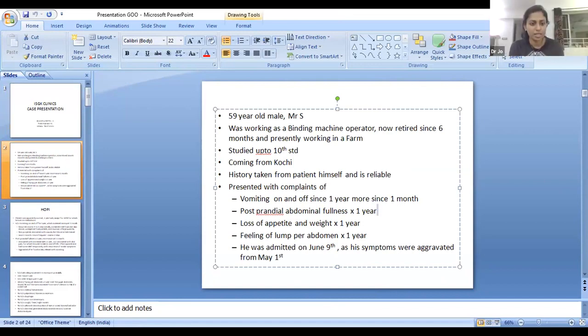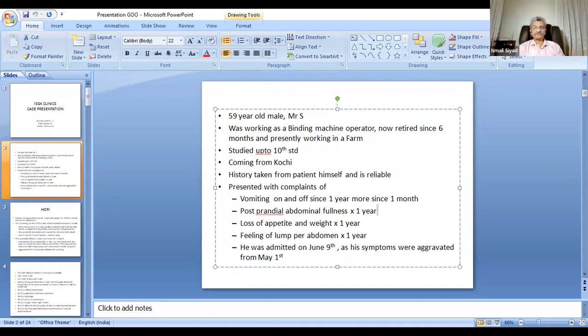59-year-old male, Mr. S, was working as a binding machine operator, now retired since 6 months and presently working in a farm. Studied up to 10th standard, coming from Kochi. History taken from the patient himself and history is reliable. Presented with complaints of vomiting on and off since 1 year, more since 1 month, postprandial abdominal fullness for 1 year, loss of appetite and weight for the past 1 year, feeling of lump per abdomen for the past 1 year.